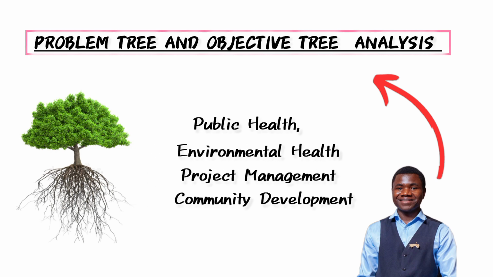So it is very important for you to know this analysis because it will help you understand problems clearly, identify their causes and effects, as well as plan practical solutions. Whether you are a student or a health worker, knowing how to use these tools will make your work more effective and organized. So in this video, we will use waste management in a community as our example.